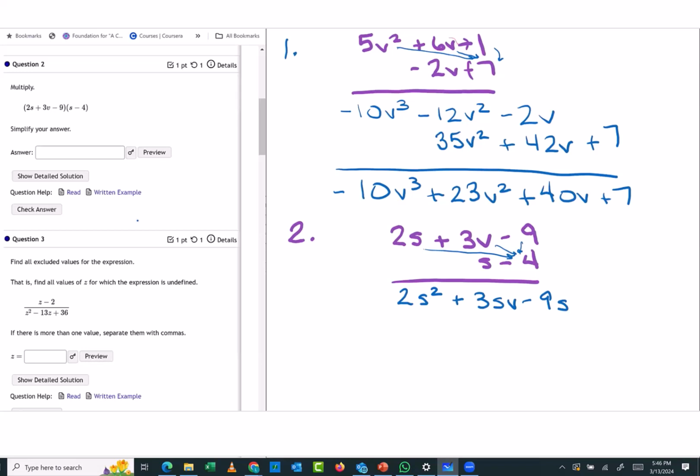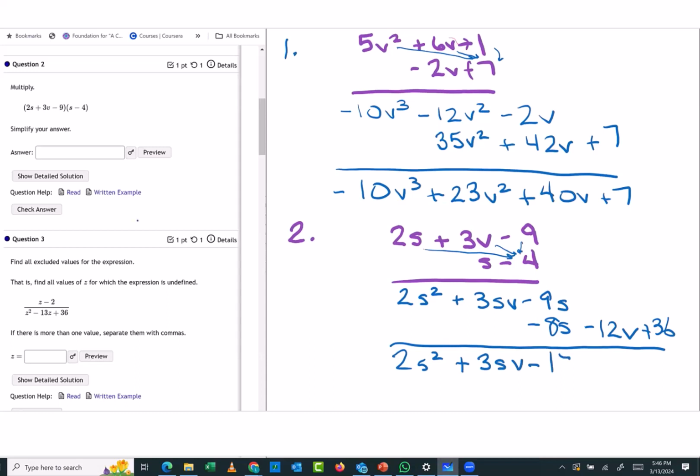So I get 2s times negative 4 is negative 8s. I'm going to put it under the 9s. So I'm going to put it under the place where the variables match. Then I have 3v times minus 4, which is minus 12v. I have no place to put that except here. And then minus 9 times minus 4 is plus 36. Again, this wasn't as helpful for this just because the variables didn't match exactly.